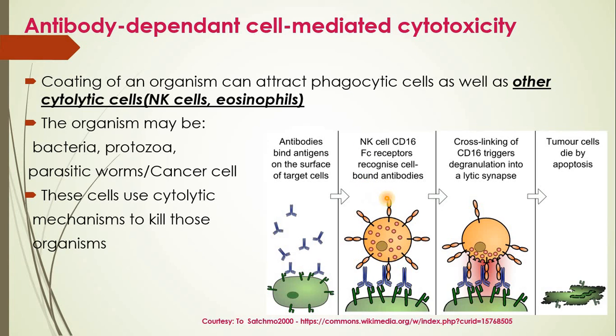As a result, these phagocytic cells get in association with the labeled antigen, in the sense coated antigens with the antibody, and this causes the cross-linking, and the cross-linking results into degranulation of the mast cell, and because of degranulation, whatever the cells are seen coated with the antibodies are fragmented, or they are brought to apoptosis.